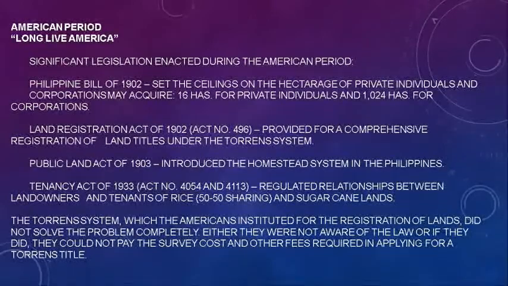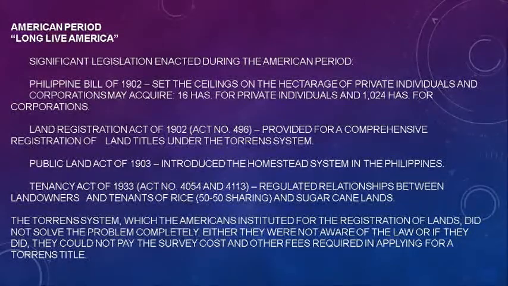And so the United States Congress set a limit of 16 hectares to be owned by American individuals and 1,024 hectares by American corporations through the 1902 Land Act, or the Philippine Bill of 1902.